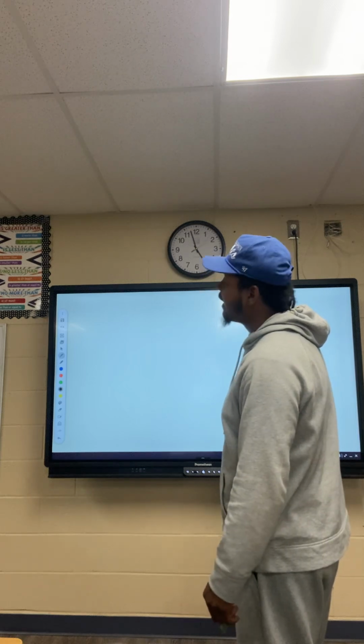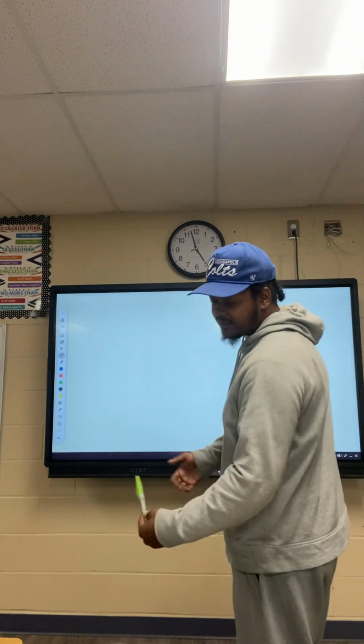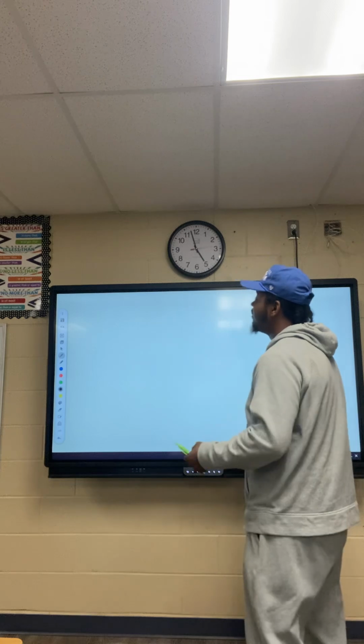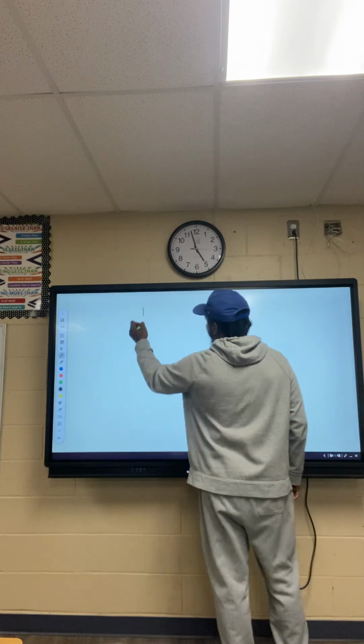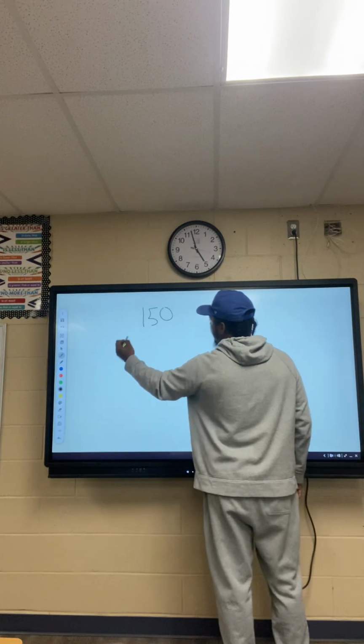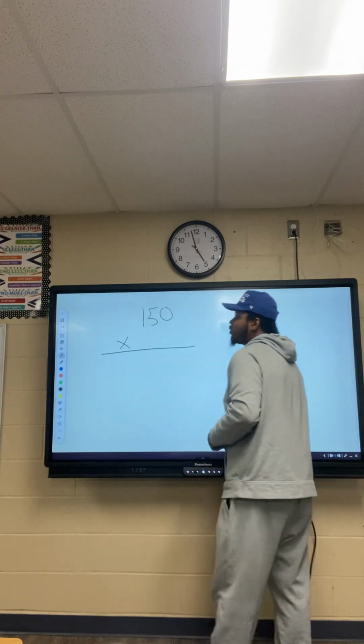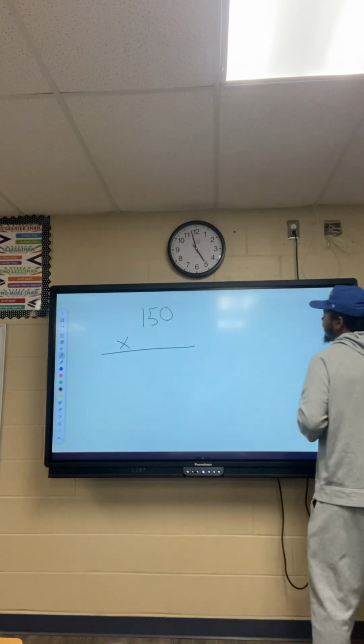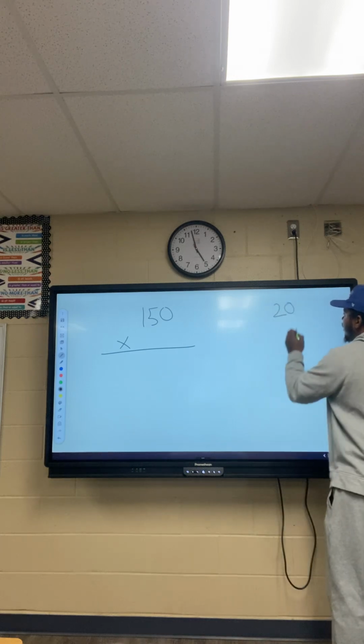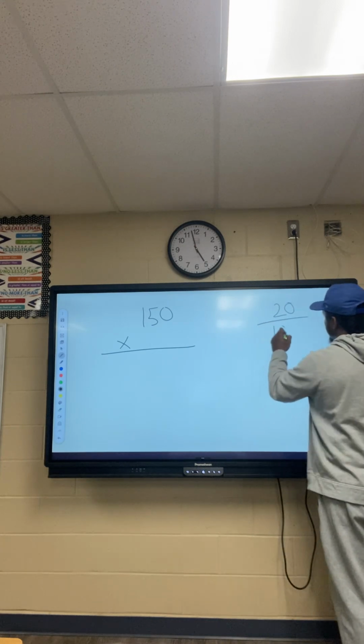To find out what 20% is of 150, we need to multiply. So we're going to take our 150 and multiply it by 20%. Here's how you write 20% as a decimal. We know all percents are out of what? 100.